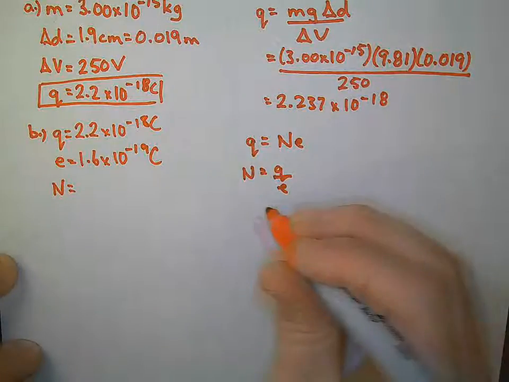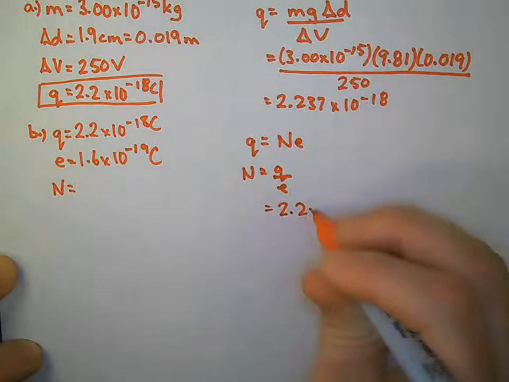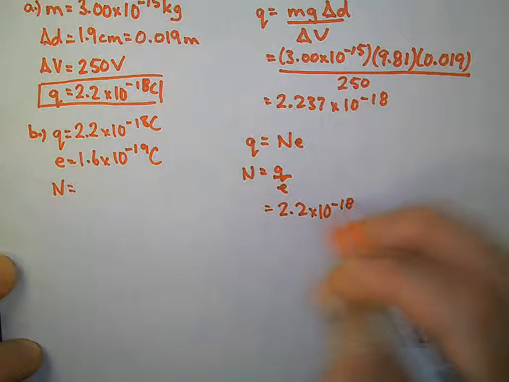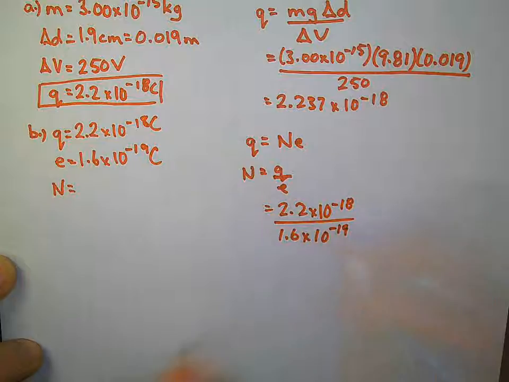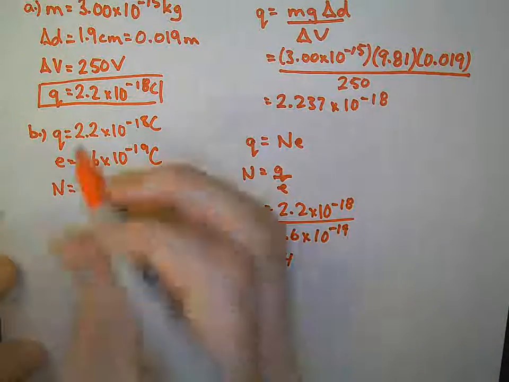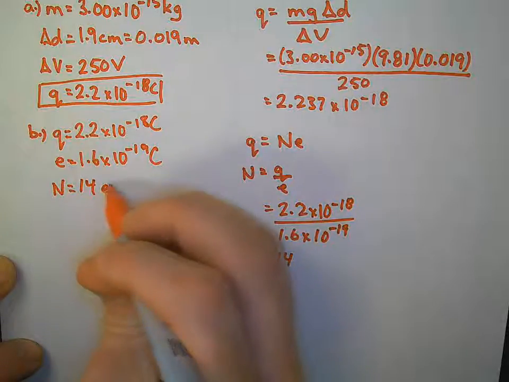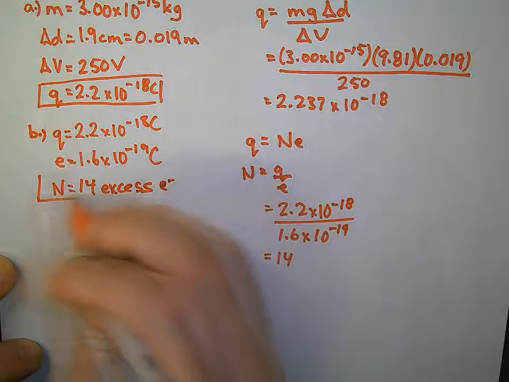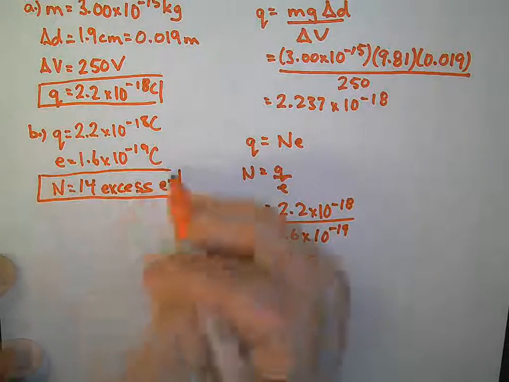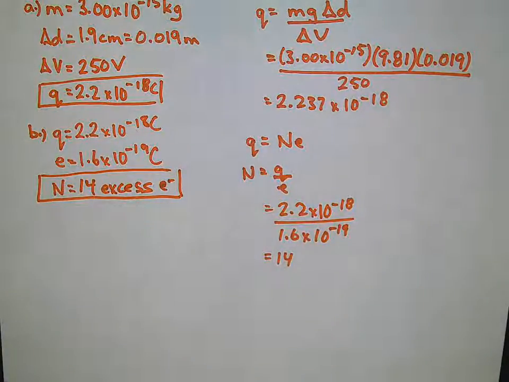And that tells us we will have 2.2 times 10 to the negative 18 all over 1.6 times 10 to the negative 19, and that's equal to 14. So we have 14 electrons in excess. And that's the basics that we really need to know for Millikan's oil drop experiment.